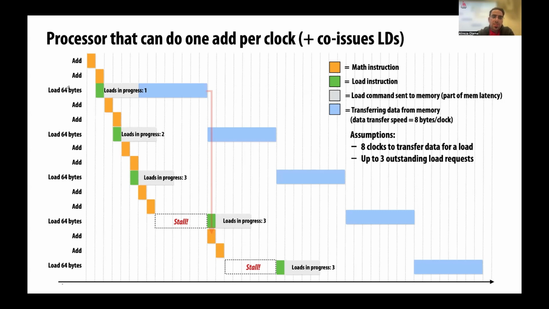So for example, in this very simple add load example that we saw before, we could see that even though we have a lot of cores that can do computations, the memory system really cannot keep up with the cores in a sense that it cannot really provide enough data to the cores for computation.